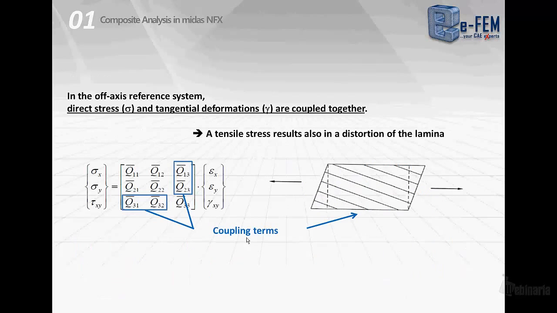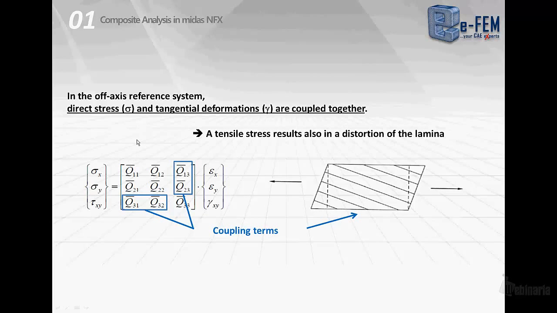If we look at the terms of the generic matrix, we see that we have new terms that are non-zero. These terms are called the coupling terms, and they are responsible for a twisting of the lamina if we apply a longitudinal load.